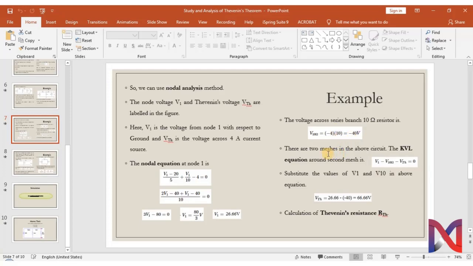Now we have to apply KVL at mesh 2. So we get V1 minus V10 ohm minus V Thevenin is equal to 0. We get 26.66 minus minus 40, so our V Thevenin is 66.66 volt. Now we will go for finding the R Thevenin.